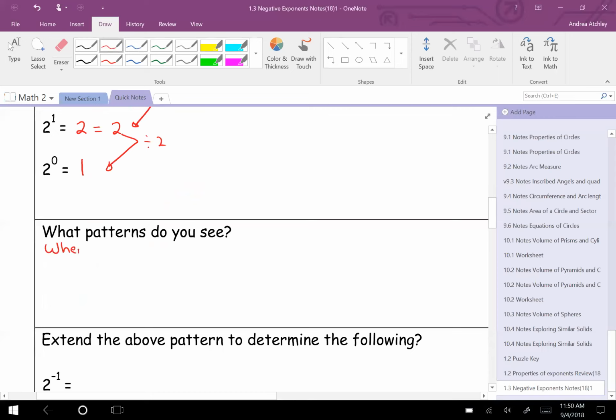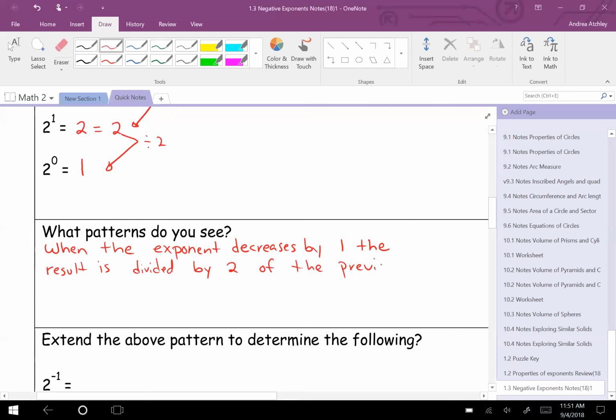Write that down. When the exponent decreases by 1, the result is divided by 2 of the previous result, or divided by the base.